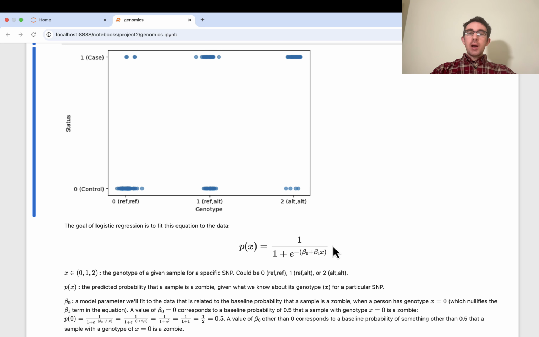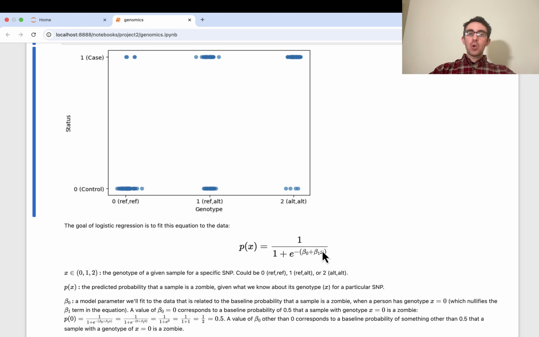And the way we're going to try to do this with logistic regression is by fitting a curve to the data with this equation, where the curve will basically be plotting the genotypes, and then plotting on the vertical axis the probability that someone was a case or control based on their genotype. And we're going to get that curve by fitting these two parameters, beta 0 and beta 1.